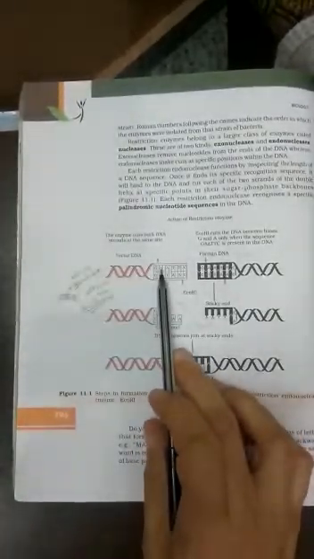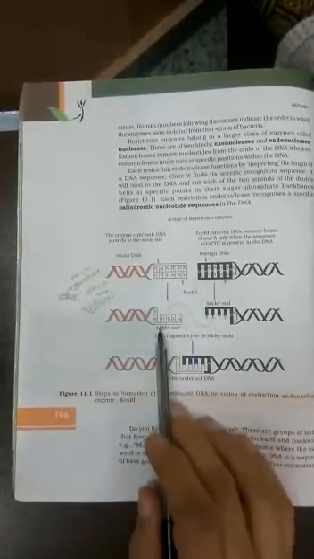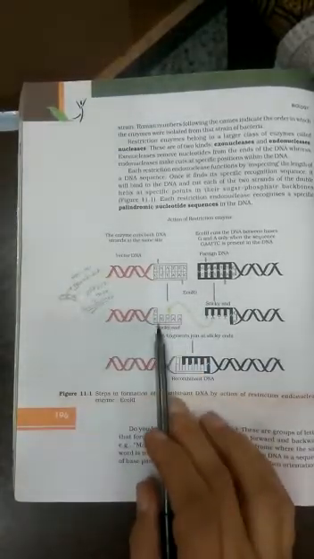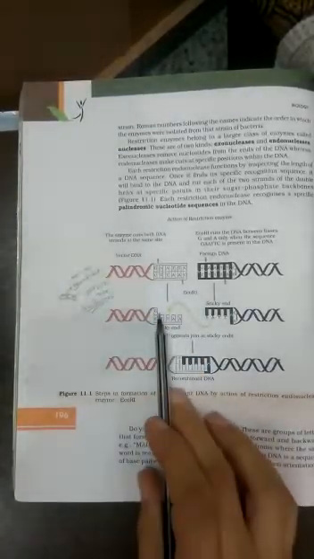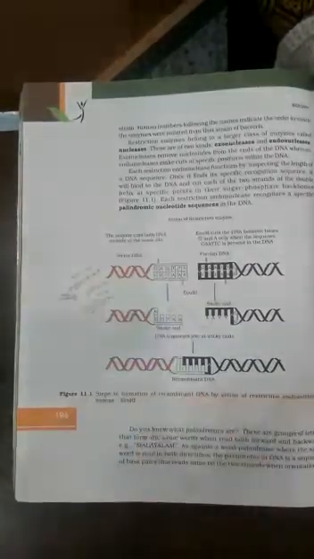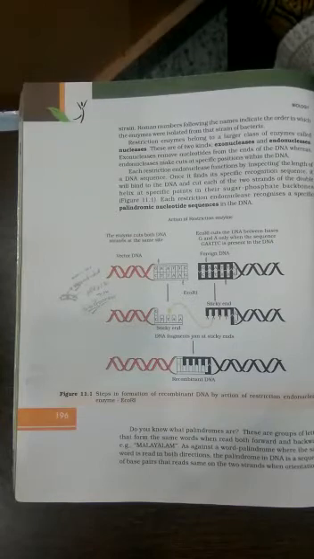So once a cut is made, now there will be 4 bases which are free and they are single stranded. So this single strand overhang is called the sticky end, and they are called sticky ends because they are able to form hydrogen bonds with their complementary cut counterparts, and this is done with the help of the DNA ligase enzyme. So we covered this much in the last class.